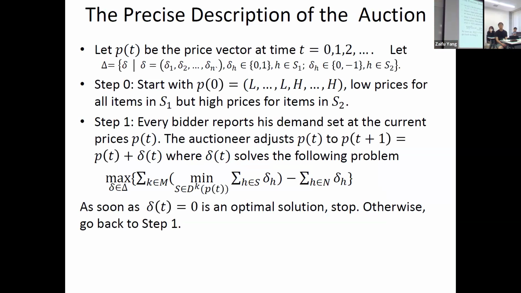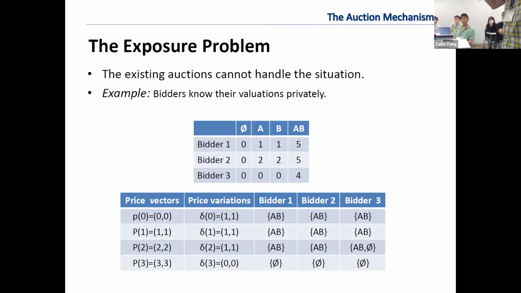So at every step the auctioneer just needs to solve this problem. Of course, if you have a large number of bidders or a large number of atoms, it could still be time consuming. Yeah, so I think I will stop here. Thank you very much.